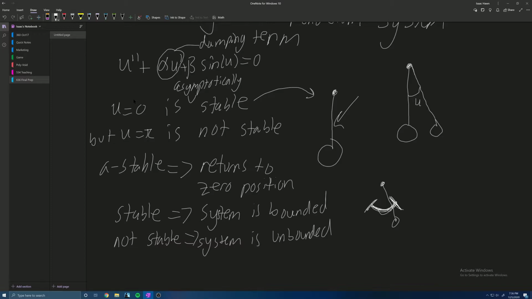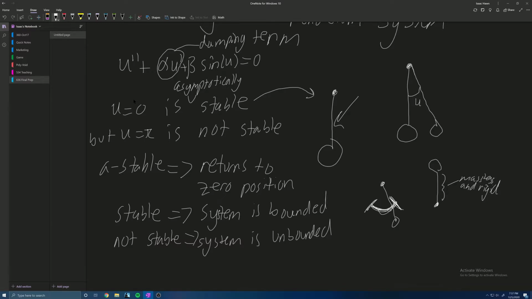So we're trying to prove that u equals pi is not stable. In other words, we want to show that this isn't stable, assuming that this is a massless, rigid bar holding this up. So we want to assume that no outside forces are acting upon this pendulum, and this is going to stay put.